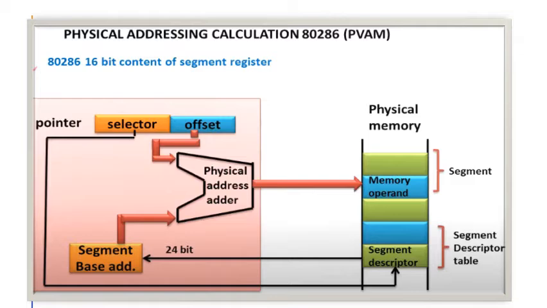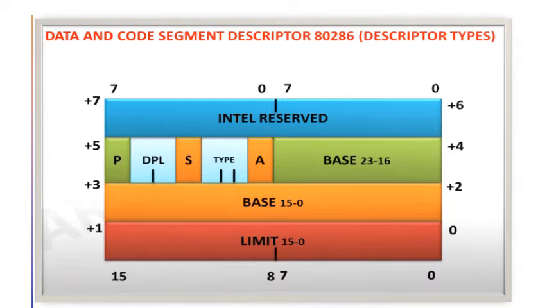In the following videos, we will discuss the code and data segment descriptor, system segment descriptor, gate descriptor, and segment descriptor cache registers. First, the code and data segment descriptor.